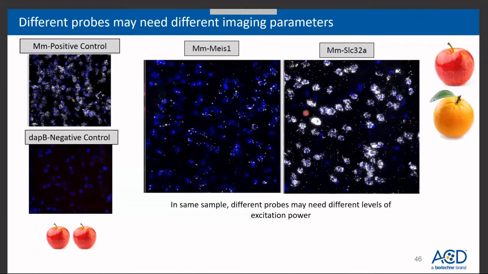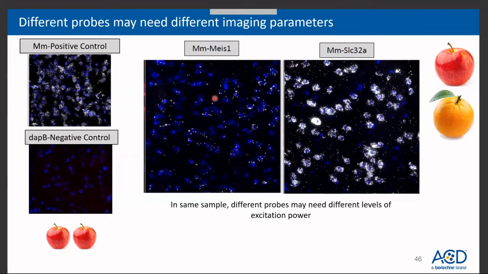These images were captured with different imaging parameters. You would need more excitation power to see this lower expressor. So if a researcher set their excitation power or exposure time just based on this SLC signal and then put this slide in the microscope, you might be missing this signal generated from this probe.